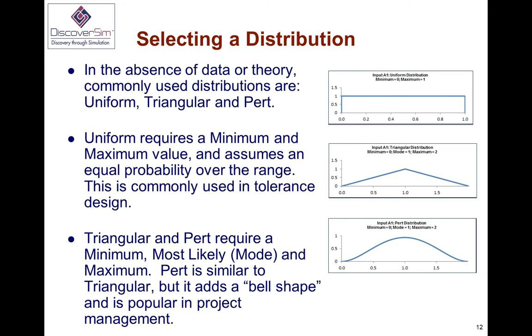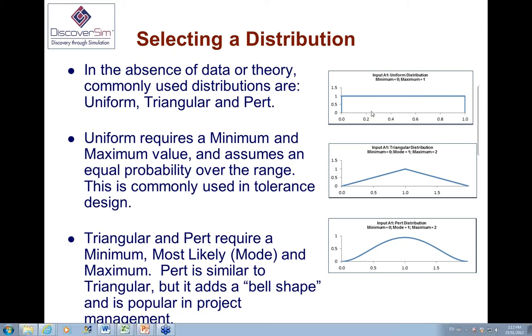Now, one of the things that happens often is that you actually don't know what the mean or the standard deviation are, and therefore maybe you have a rough idea of the minimum value, the maximum value, and most likely values. And the three common distributions that are used when you do not have data or solid theory: the uniform distribution, for example, is often used to model component tolerances, and it's essentially kind of a worst case, minimum, maximum, and then equal probability of anything in between.